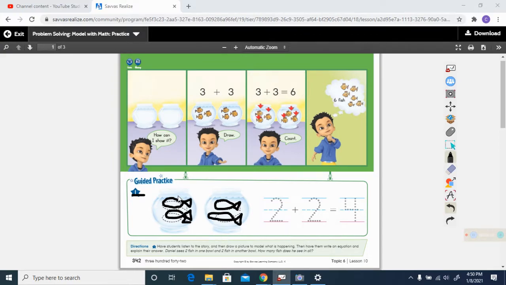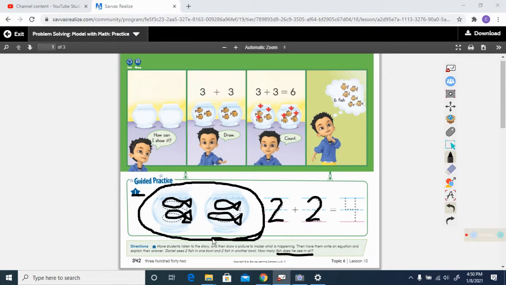So how many fish are in the first bowl? There are 2 fish in the first bowl. We are tracing the number 2. How many fish are in the second bowl? There are 2 fish there. It's asking us how many does he see in all. In all means we put the groups together.